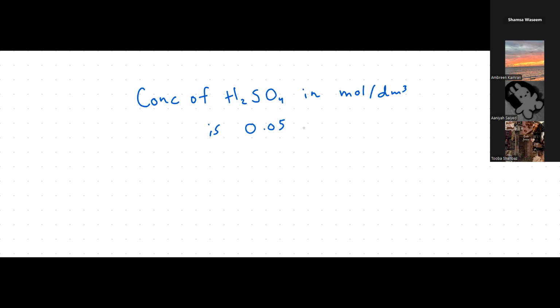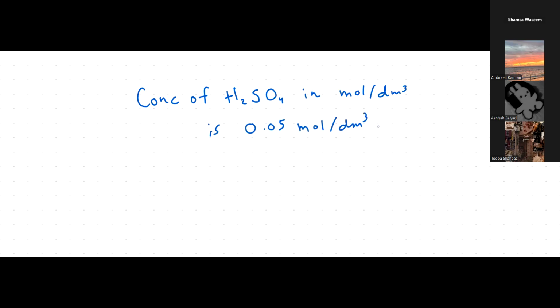Let me give you an example on the whiteboard first, then we will do this. Say the concentration of sulfuric acid is 0.05 mole per decimeter cube. Okay?